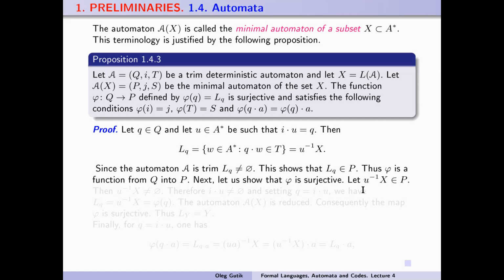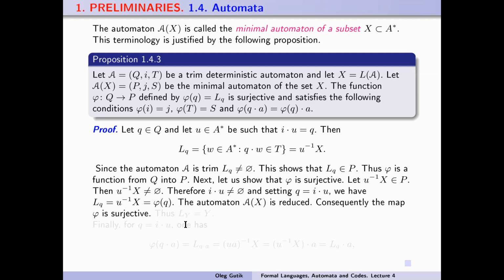Let U minus 1 X belong to the set of states P. Then U minus 1 X is not the empty set. Therefore, I multiply U is defined, and putting Q equal to I multiply U, we have that L_Q is equal to U minus 1 X, which is equal to phi of Q. Then we get that automaton A(X) is reduced. Consequently, the map is surjective.